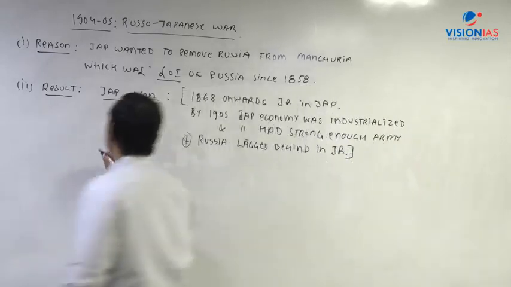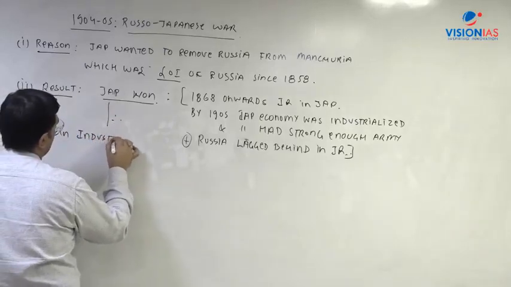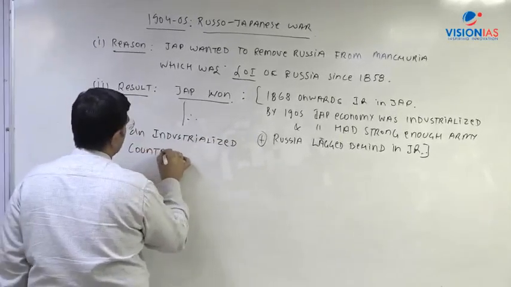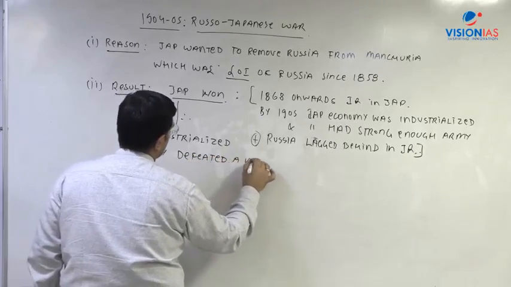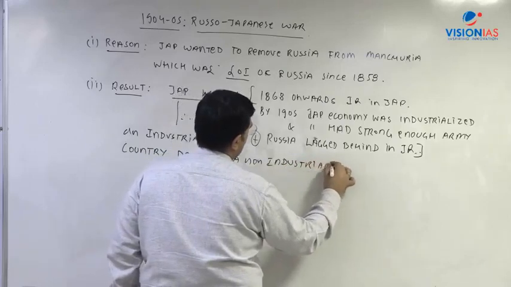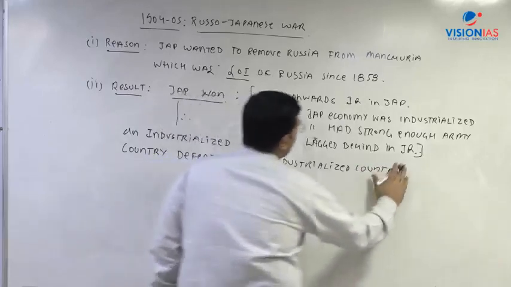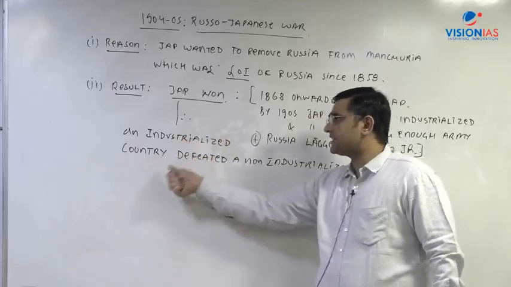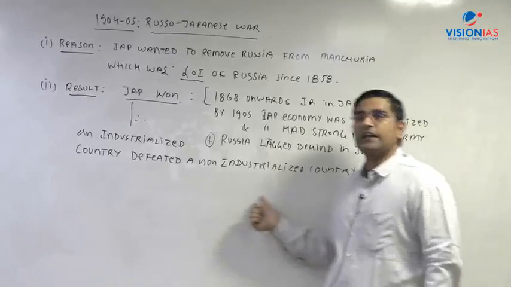So therefore, what had happened is this. It is not that an Asian country has defeated a European country. This has happened that an industrialized country has defeated a non-industrialized country. And the non-industrialized country here was Russia.